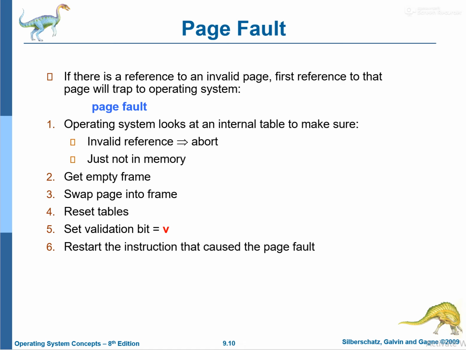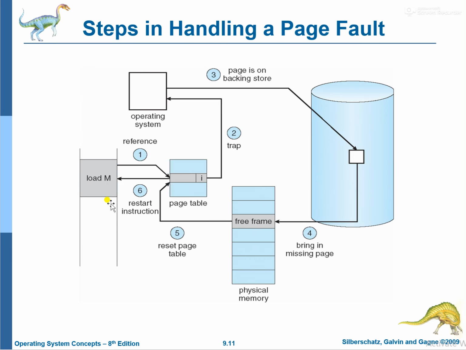Like here, the whole process is shown. Whenever a reference is made by the CPU for any instruction like load M, it has to look where this M is in the main memory. In order to check where M is present in the main memory, the first step is it will go and check the page table.